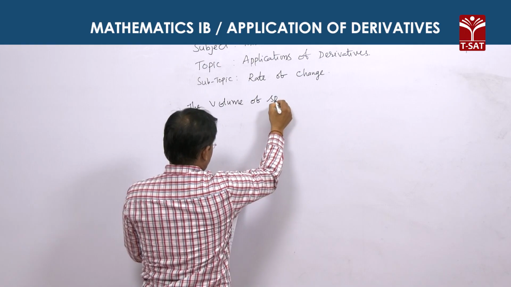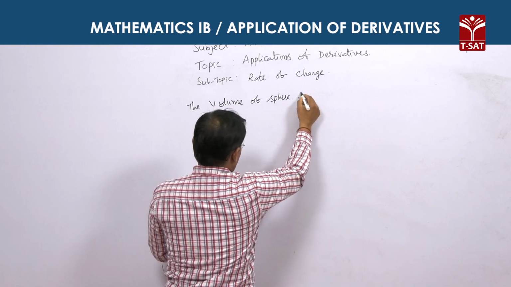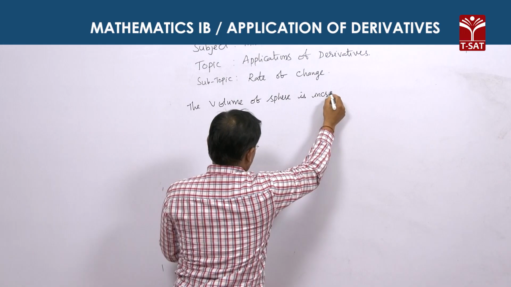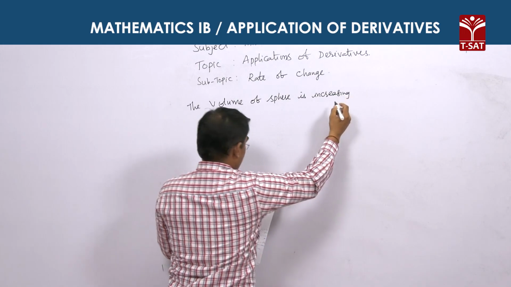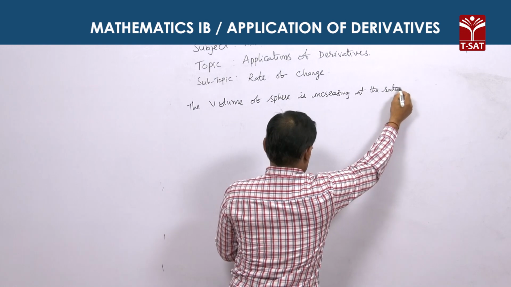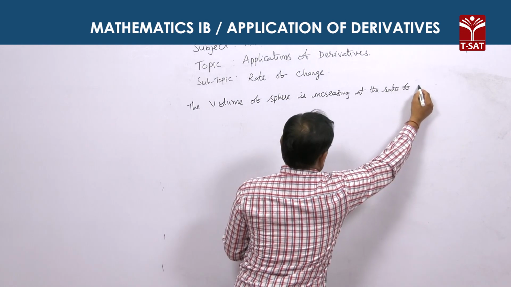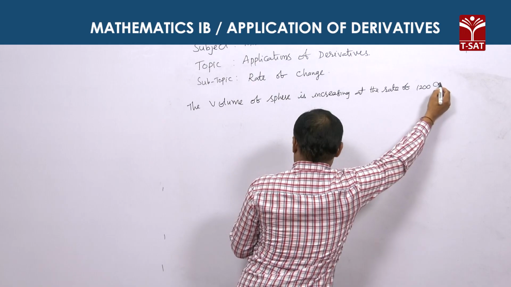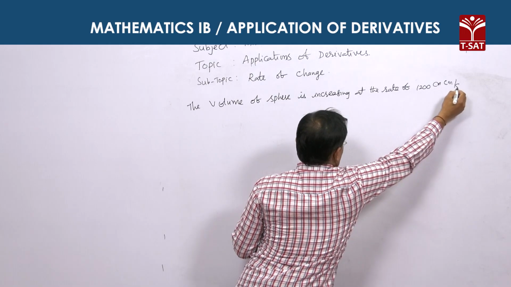Next question, the volume of a sphere is increasing at the rate of 1200 cubic centimeter per second.